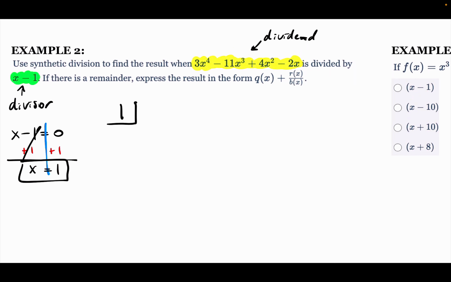Step 2, coefficients. In order, tell me the numbers that are going to go there. So what's the first number that's going to go? 3, good. Next number? -11. 4. -2. Forgot something.